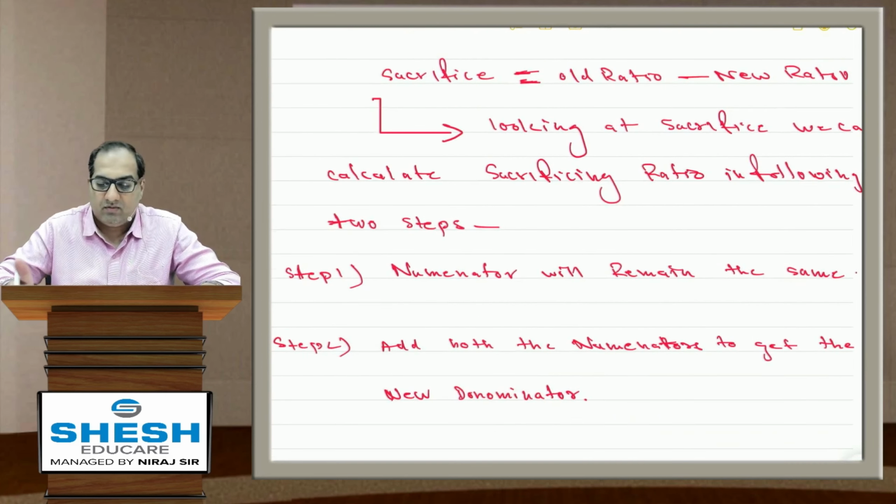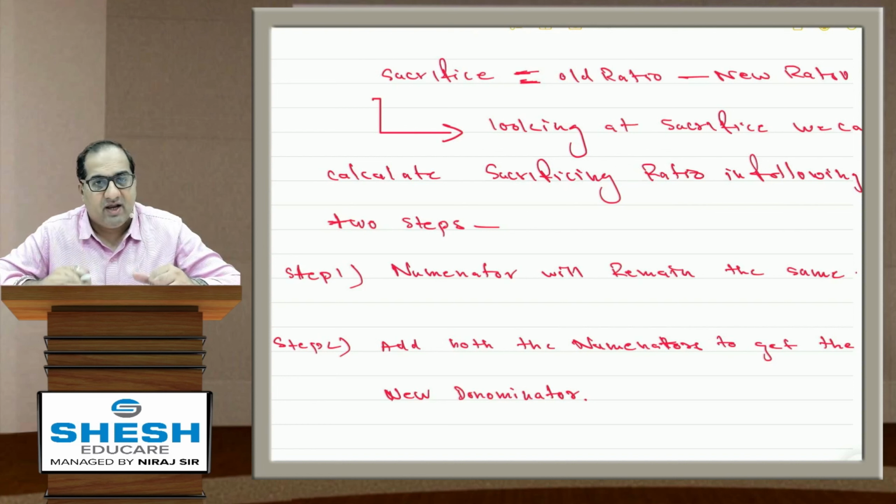Okay. Now, you say, sir, we have written our steps, but what is the logic? Simple. If I tell you A share is 1 and B share is 2, what is the ratio between A and B? You will say 1/3, 2/3. So what did you do? Numerator remains the same. Add both the numerators to get the new denominator.